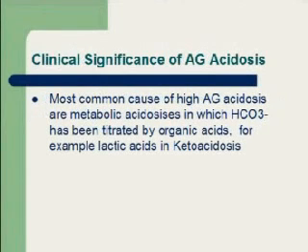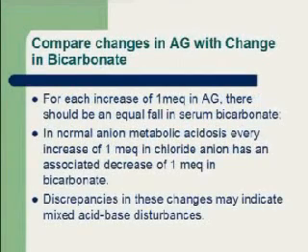The most significant causes of high anion gap acidosis are metabolic acidoses in which bicarbonate has been titrated by organic acids, for example, lactic acid and ketoacidosis. For each increase of 1 milliequivalent in the anion gap, there should be an equal fall in the serum bicarbonate.